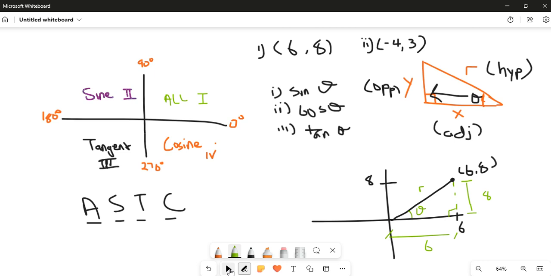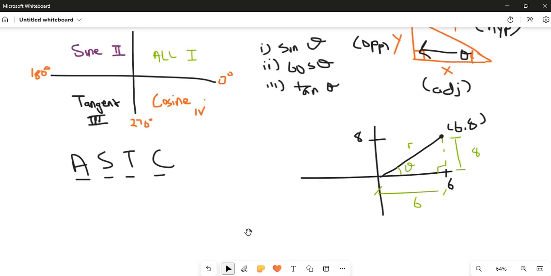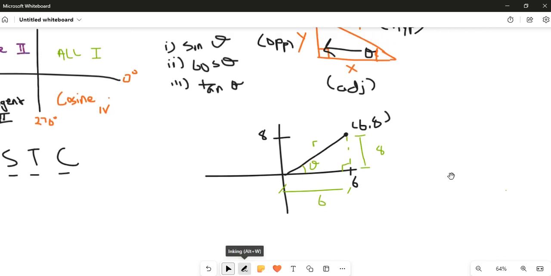If you remember the Pythagorean theorem, r squared equals x squared plus y squared.